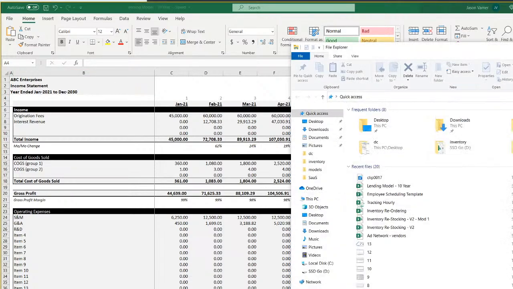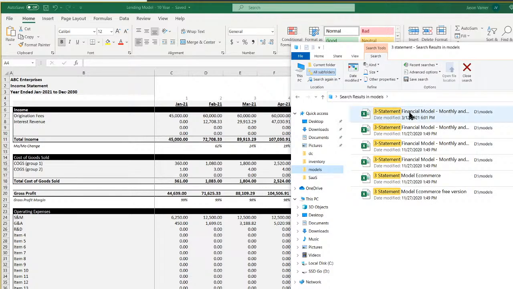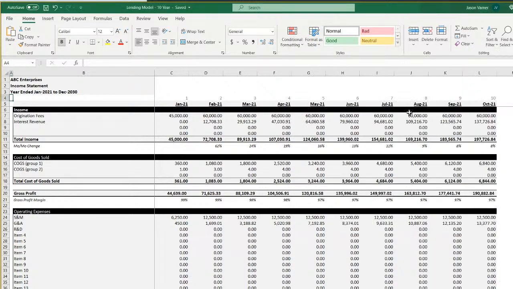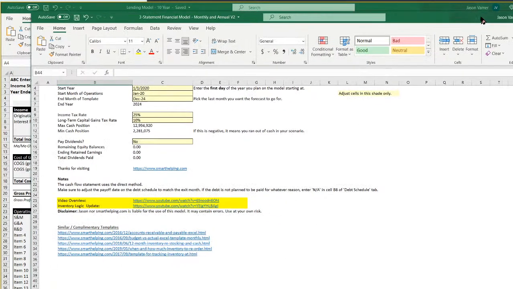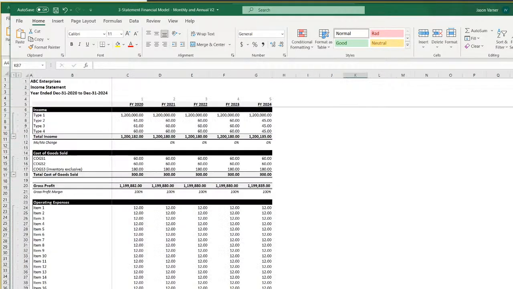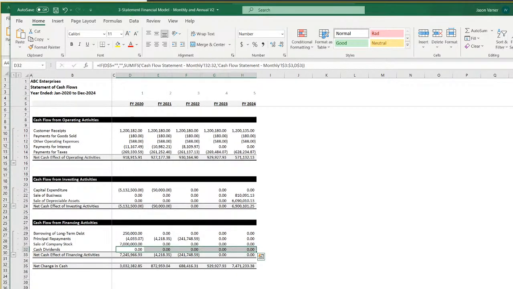Let me pull up my three statement model template. Let's see, what did we do for the yearly? Year ended, as of year end. Year ended. Okay, got it.